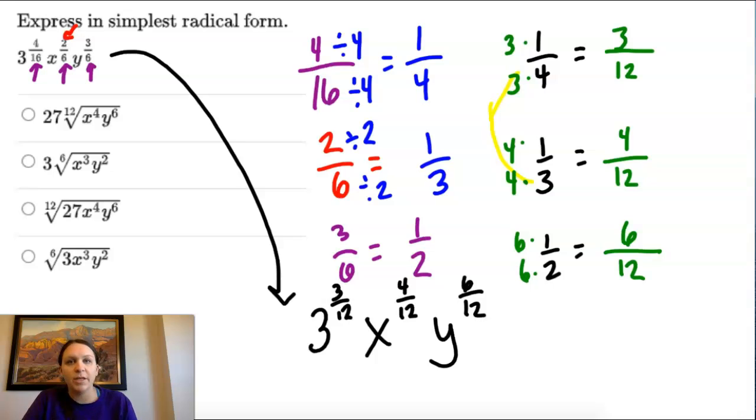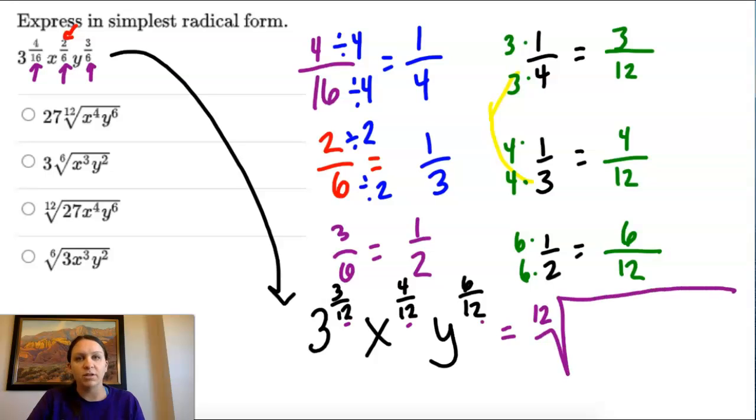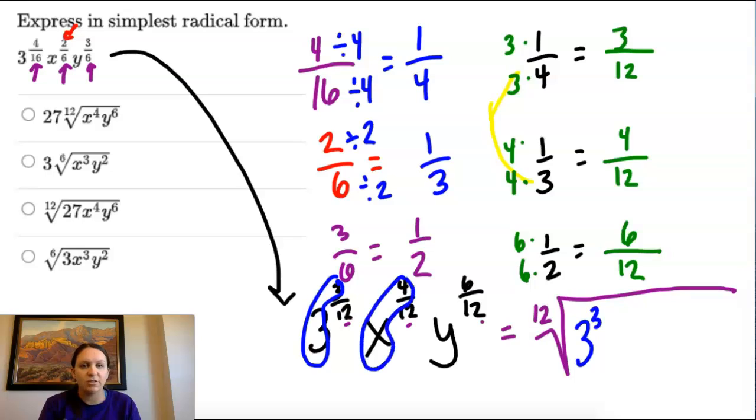So the common denominator gives us a common root. So we have a root, or a radical, of 12. And then we're going to finish 3 to the 3rd. We're taking the numbers with the numerator. X to the 4th. Y to the 6th.